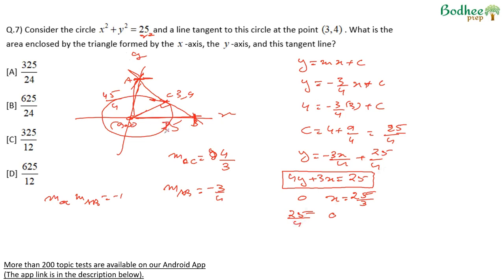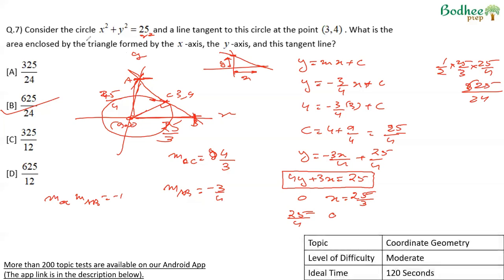So this base is 25 by 3, this height is 25 by 4, and therefore the area will be nothing but half base 25 by 3 into height 25 by 4, which will give us the answer 625 upon 24. Option B. Basically, if I draw a line like this, the y coordinate becomes the height, the x coordinate becomes the base. Half x into y is the area. So 625 by 24. I think moderate difficulty, 2 to 2.5 minutes should be good enough to answer the question.